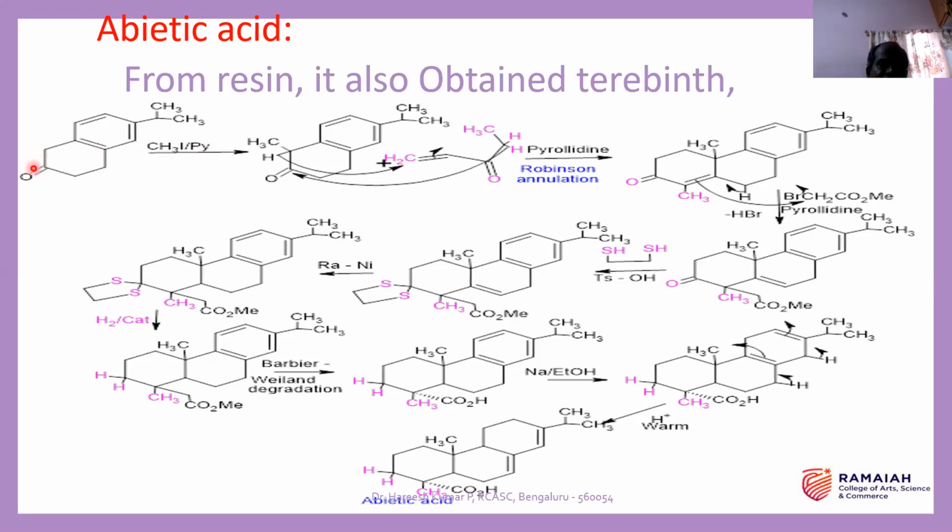And you know that a ketone usually will be in the enolic form. That means the proton present here is acidic, and it can be captured by pyridine. And what will happen? The anion comes over here, and this can pick up a proton.